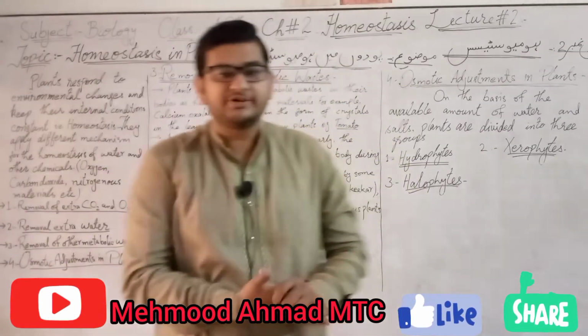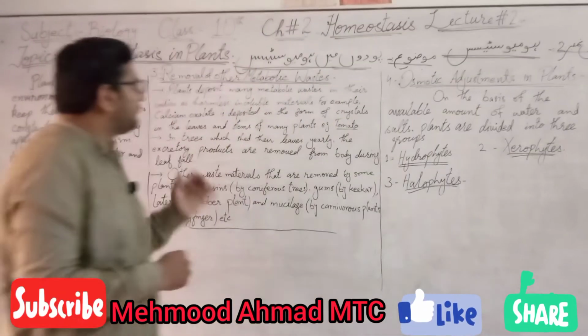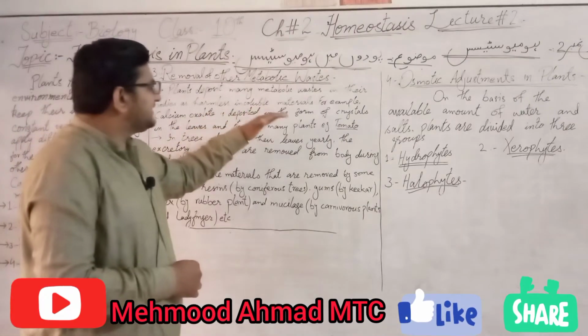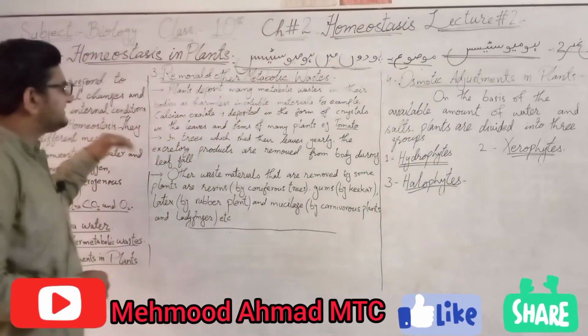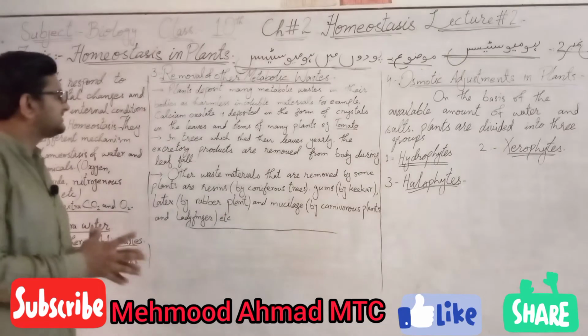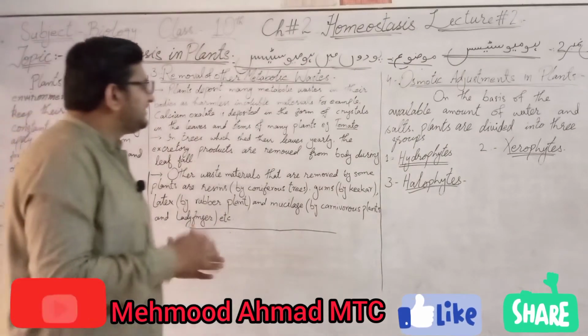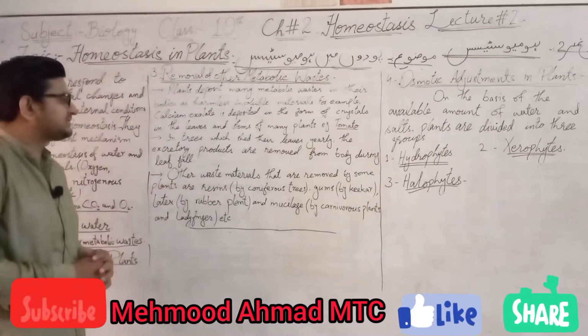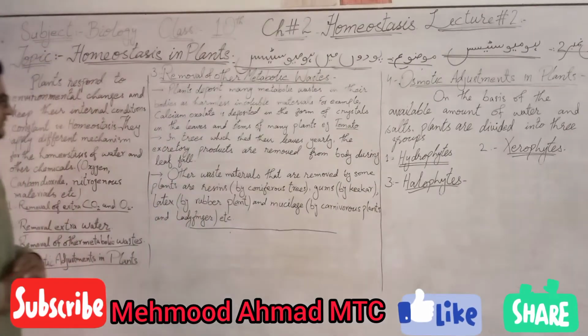So students, the third topic is removal of metabolic waste. Plants deposit many metabolic wastes in their bodies as harmless insoluble materials. For example, calcium oxalate is deposited in the form of crystals in the leaves and stems of many plants. Example given: tomato.